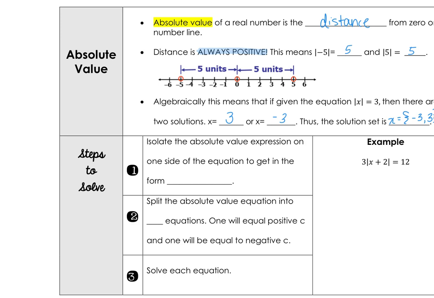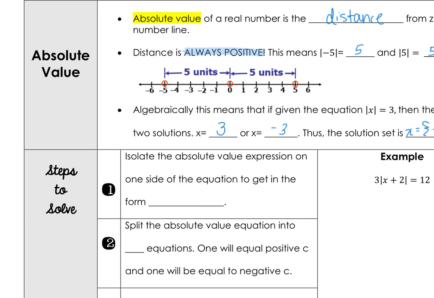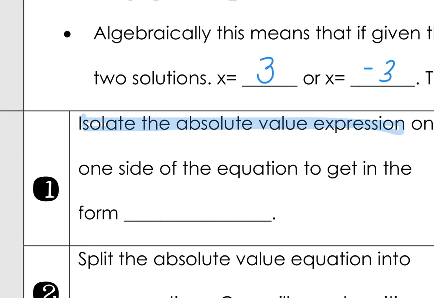The first thing that needs to happen when you're solving an absolute value equation is you need to isolate the absolute value expression. So the absolute value expression needs to be isolated on one side of the equation so that it's in the form of the absolute value of ax plus b is equal to c.